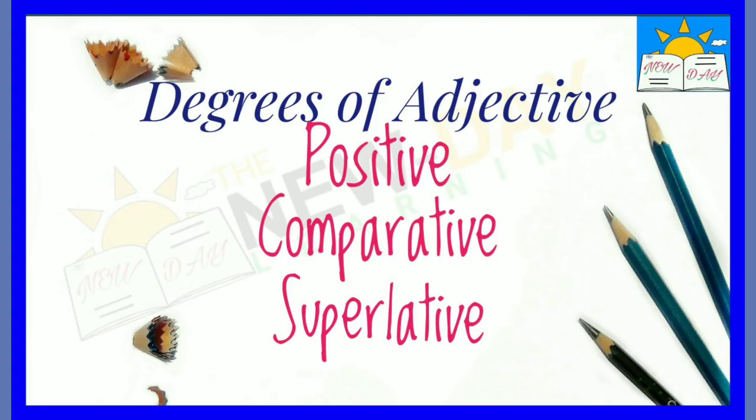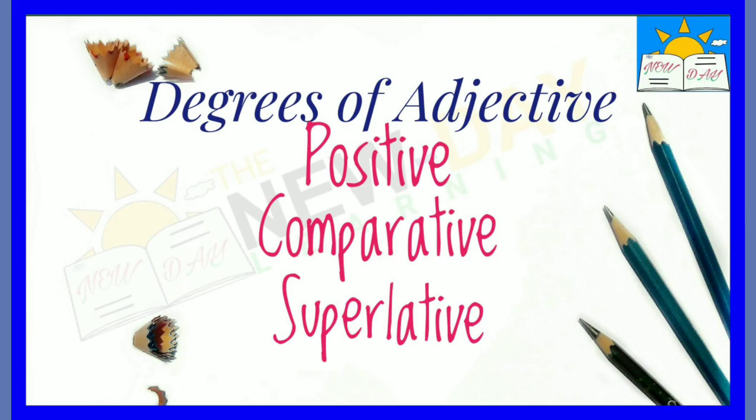We came to know that there are 3 degrees of comparison: positive, comparative and superlative. The base form, the positive degree, doesn't make any comparison. In comparative degree, we compare 2 people, objects, places or actions. And in superlative degree, more than 2 are compared.